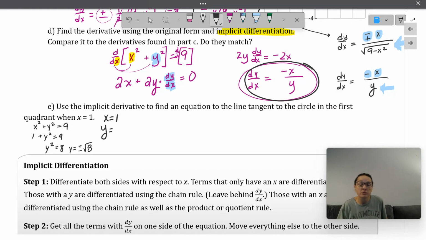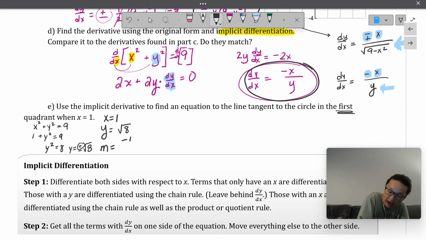You can make it 2 root 2. I don't care. We wanted the y value, though, in the first quadrant, so I'm going to use the positive y value. And then if I need my slope, that comes from the derivative. Well, our derivative is in terms of x and y, so our slope is negative x over y.